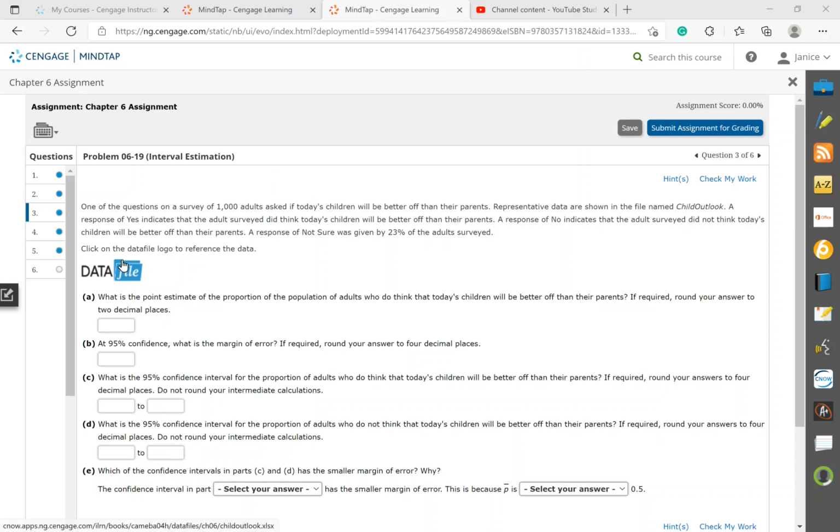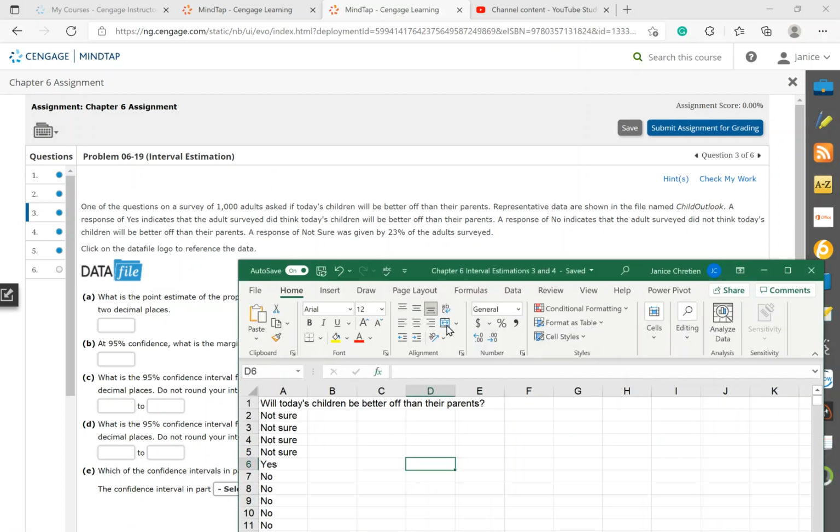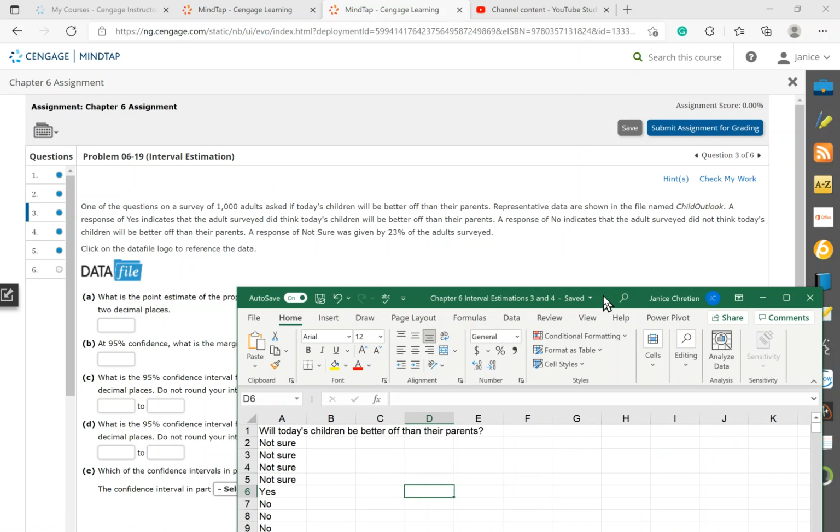So the first thing I had to do was open this file because I need to actually use the data from there. And I'm told that there were 1,000 surveys. So I know I have a sample of 1,000. A response of yes indicated that the adults think that today's children are better off than their parents, and a response of no indicates that they do not believe that.